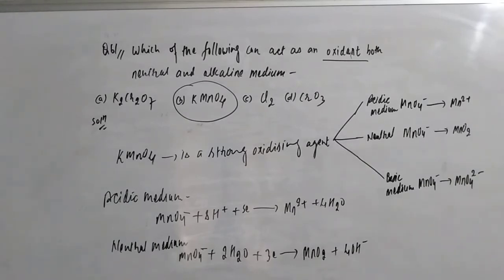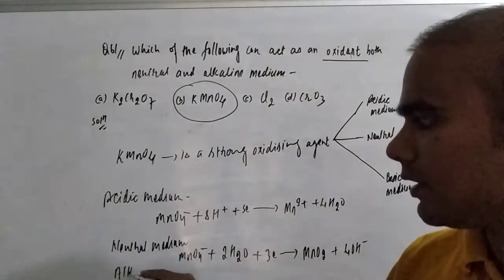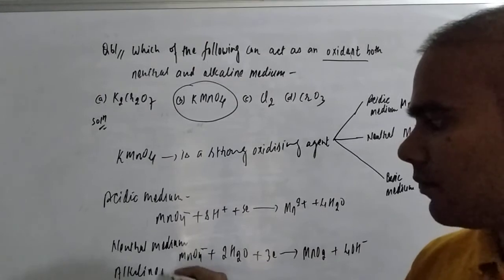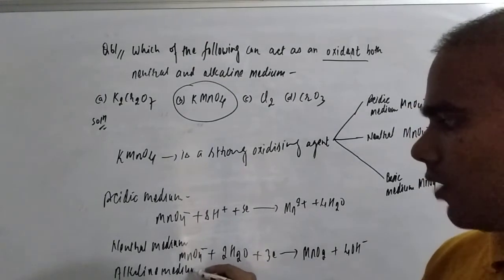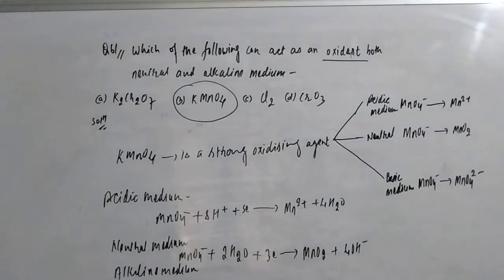When you are talking about the alkaline medium, student, in the alkaline medium, how does it react? If you want to write the complete reaction for the alkaline medium, how can you write it? You take MnO4 minus, and it will react with the base.